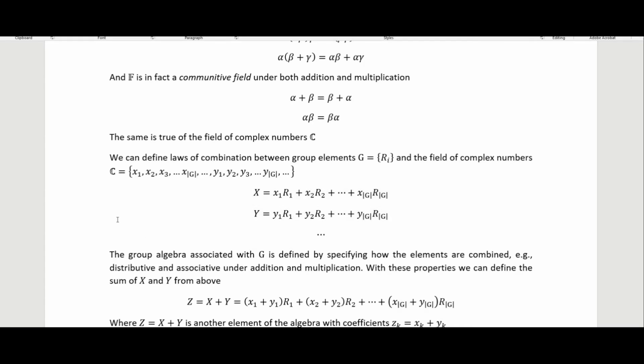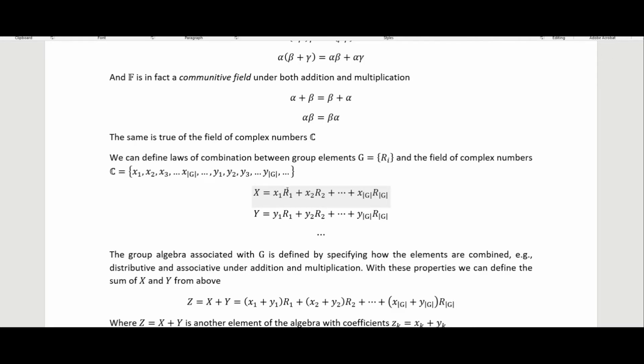But the reason I went through that is so we can define laws of combination between our group elements and the field of complex numbers. So this is a field of complex numbers here. And so we can take x equals some complex number times the first element of our group plus some complex number times the second element of our group, and do a linear combination with every element of our group.